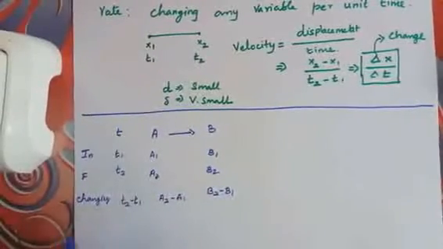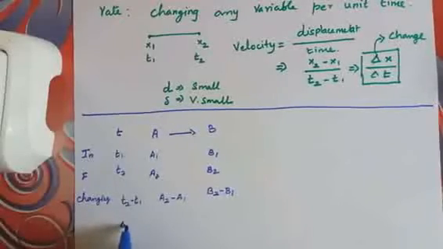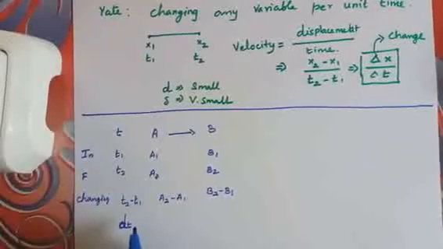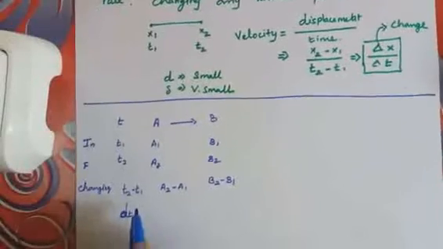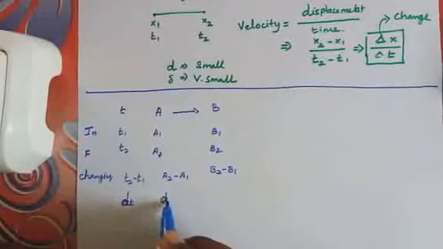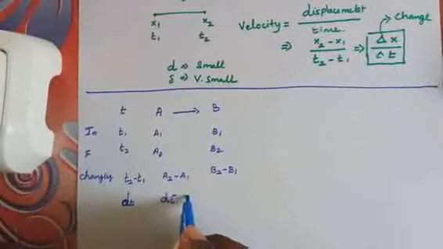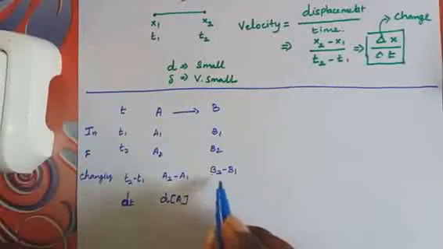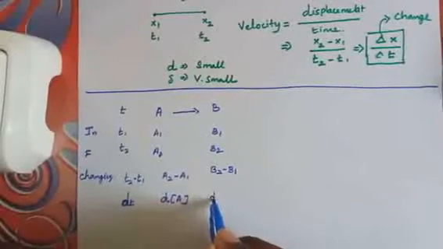All are generally written as delta t, or here only small changes are obtained, so small d is used to mention small change. In a similar way, the change in concentration of the reactant is d[A], and the change in concentration of B is d[B].